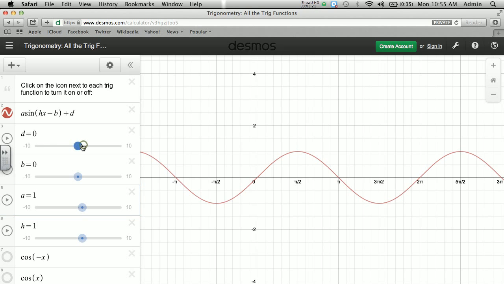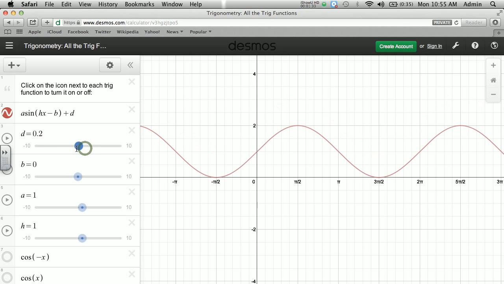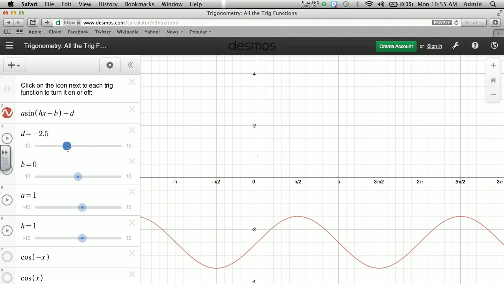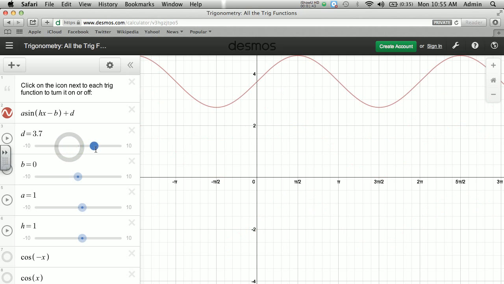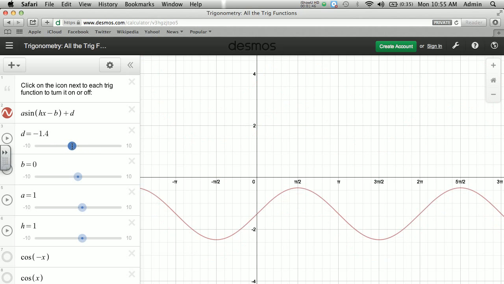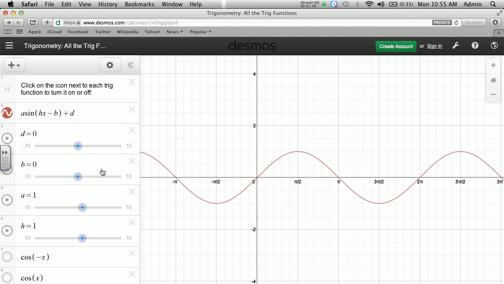If we change that to 2, it's like what we had originally, but everything just moved up, every single thing, the max, the min, and everything in between. If we have a negative 2, then it just moves down 2, right? So this d at the end either moves the graph up or moves the graph down. Nothing else. The period is the same, the amplitude is the same. All it does is cause a vertical shift.